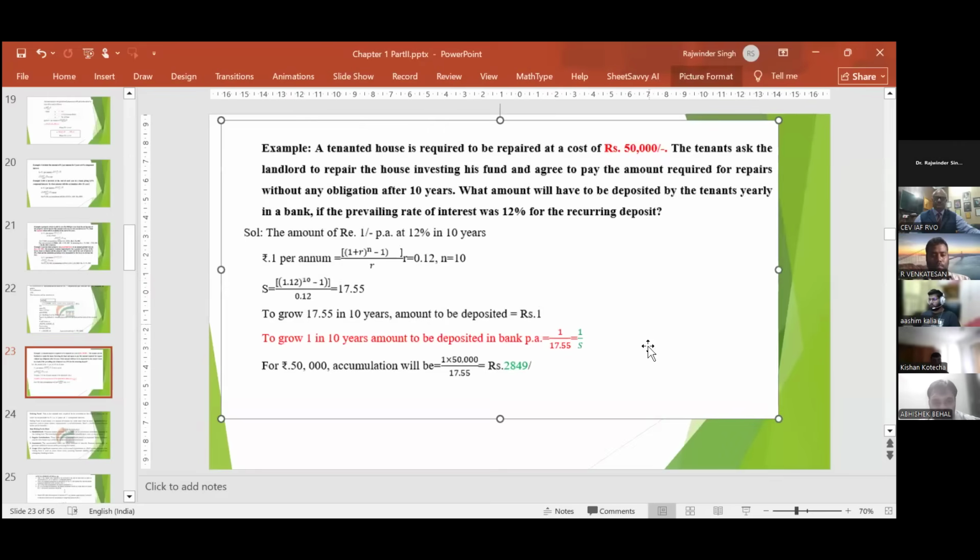Now another thing we will be discussing is the term sinking fund. First we will discuss what is sinking fund basically. Let us suppose you have bought a car for 10 lakh rupees and you are using this car as a taxi.